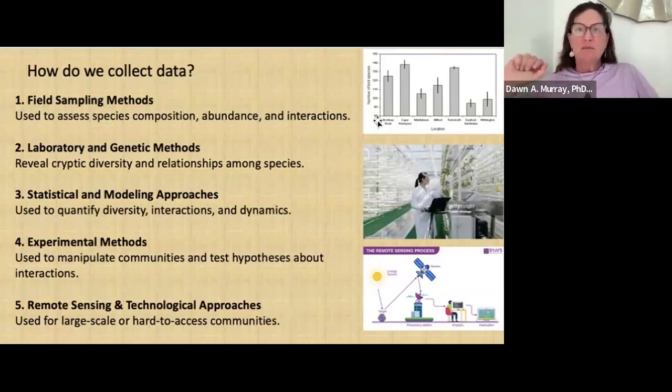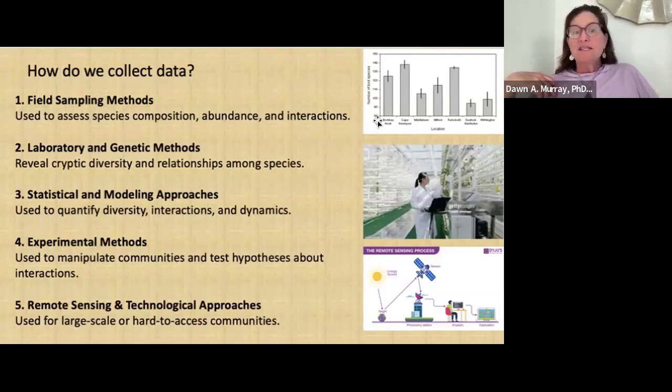A classic example is in the intertidal zone, putting cages out where no sea stars, let's say, can get in and seeing what grows there. Do mussels grow there when they're not being preyed upon, for example? There's a lot of exclusion type experimental methods that have been really important to tell us about dynamics of predators and prey.